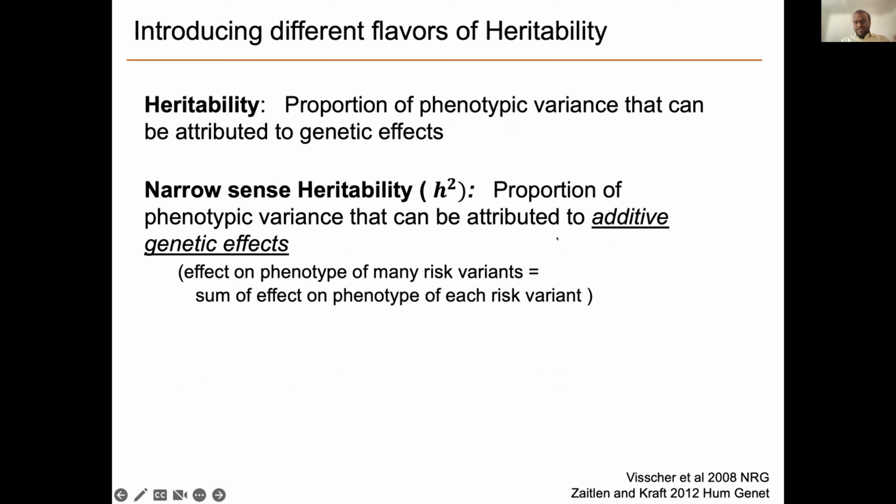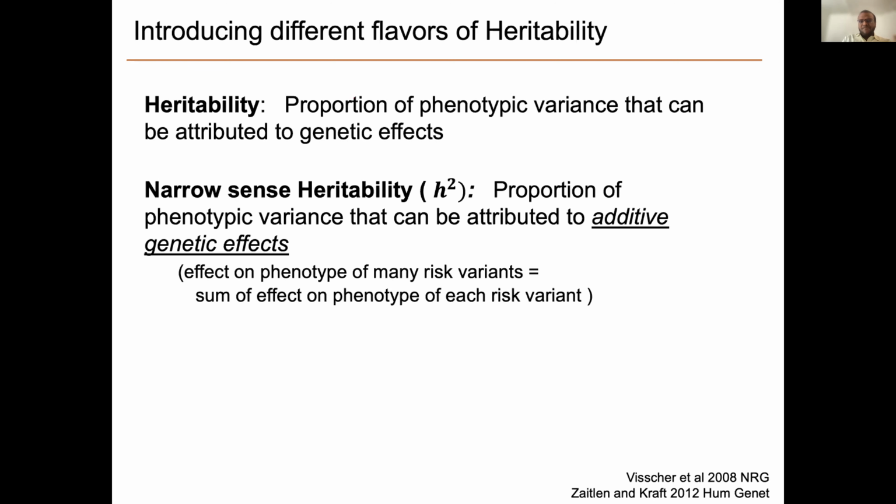So what do we mean by heritability? Heritability basically refers to the proportion of phenotypic variance that can be attributed to genetic effects. Now, the term genetic effects is a pretty broad term, and we need to clarify it a little more.